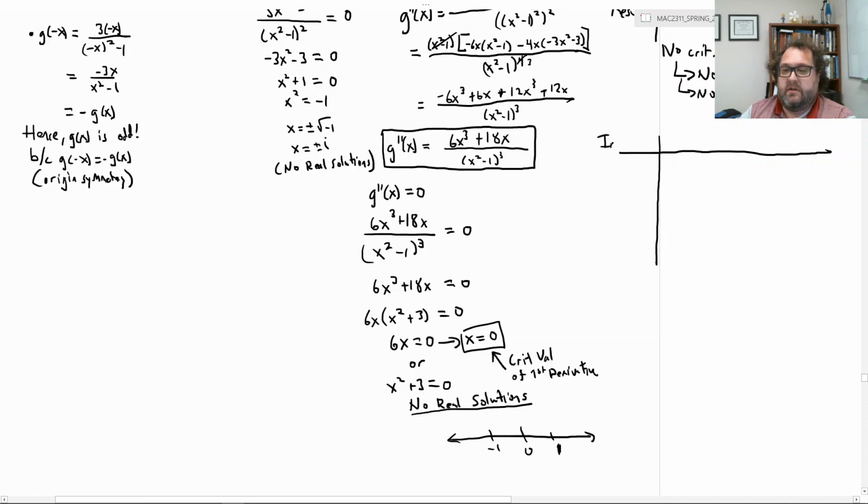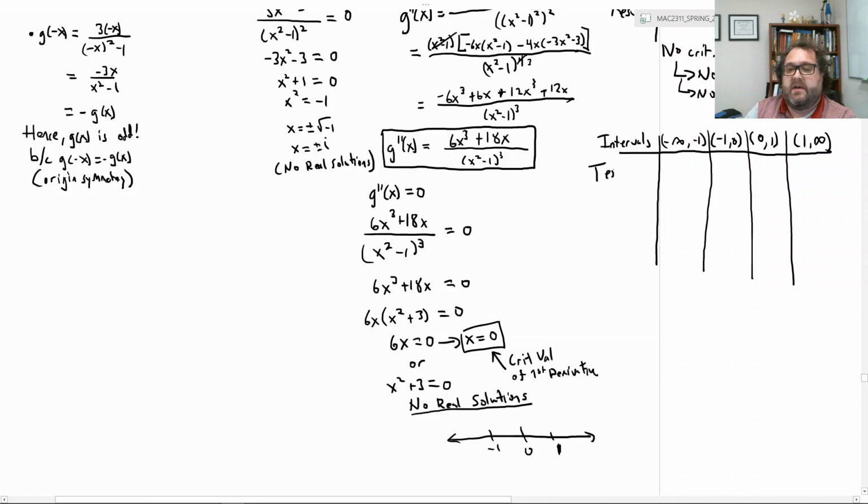So let's see here. Intervals. We have -∞ to -1. Then we have -1 to 0. Then we have 0 to positive 1, and then we have positive 1 to positive infinity.